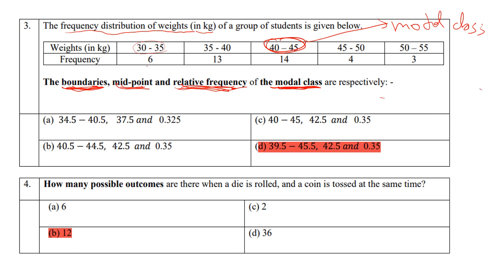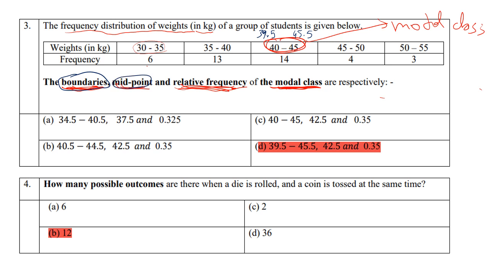If they're 40, 45, and these are integers, so the boundaries will be half more on the right side and half less on the left side. So it will be 39.5 and 45.5.